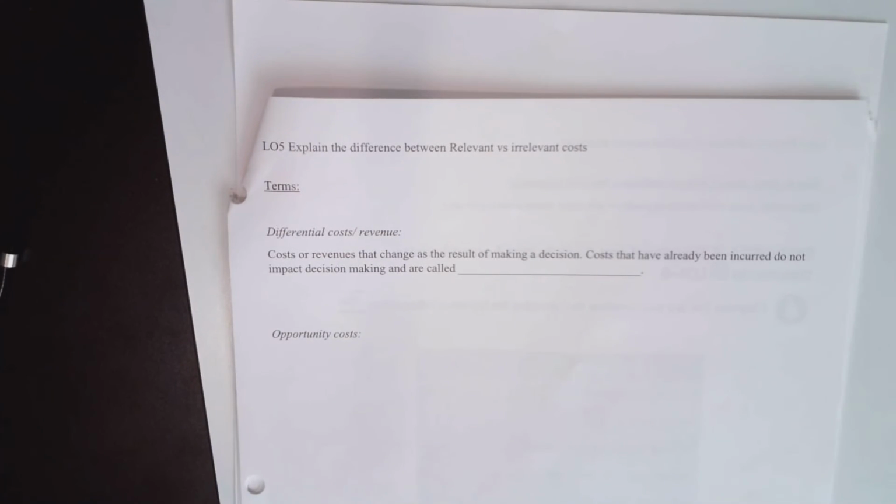Then we have costs or revenues that change as a result of making decisions. Costs that have already been incurred do not impact decision making. So I'm going to give you a real life example.